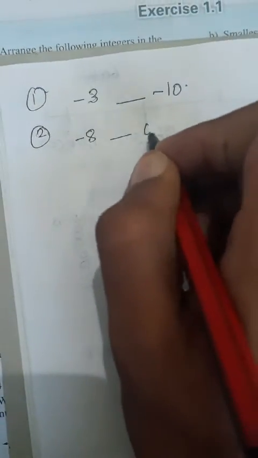First sum, I will take like -3, -10. Second, I can take -8, 0. Third, I can take 10, 14.